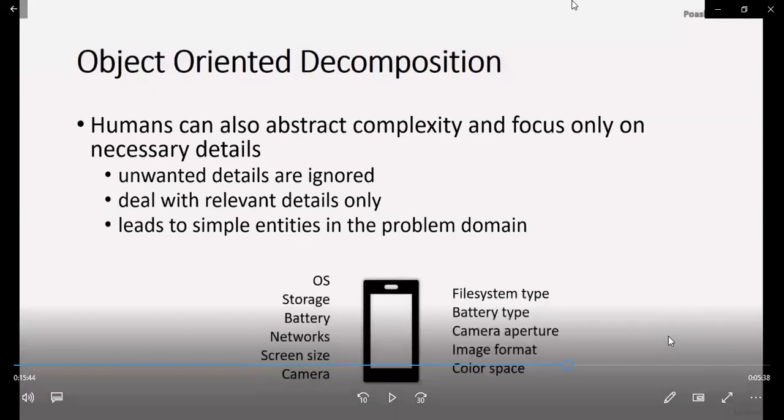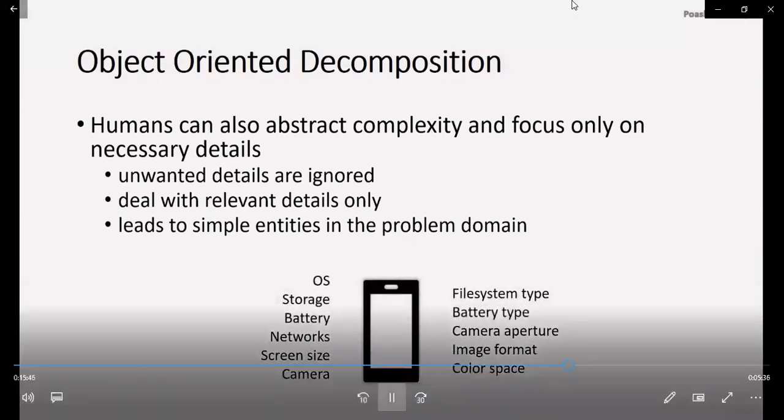All these are complex details, but we generally do not deal with them because they are not important to us. So the end result is that we get an object which is an abstraction of the real object with only relevant details, which makes it easier to use the object in software development.